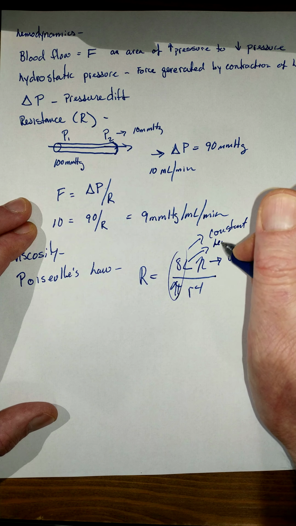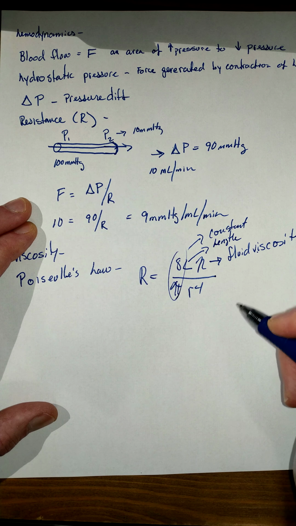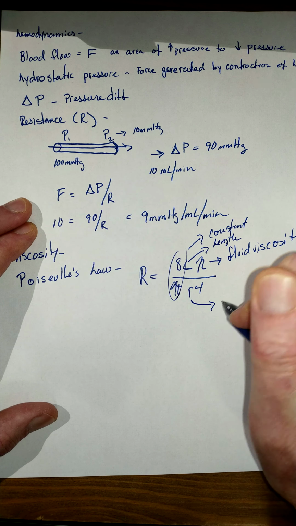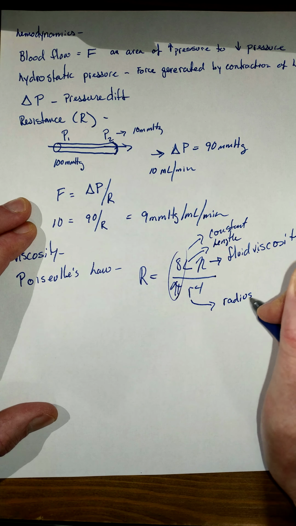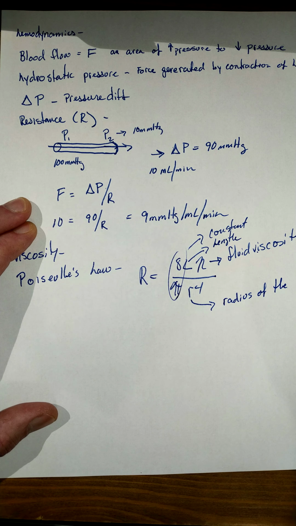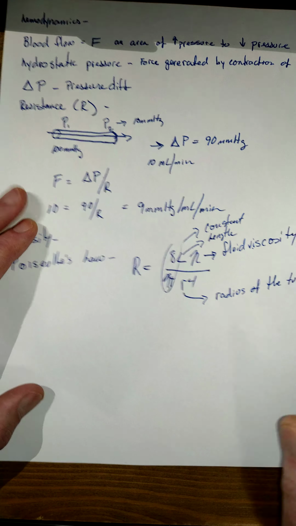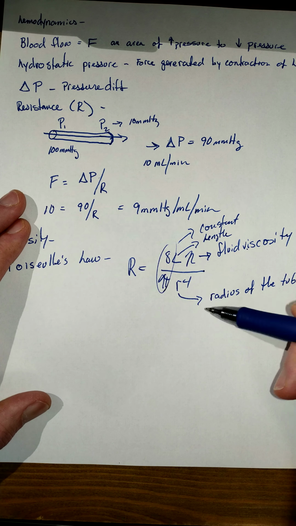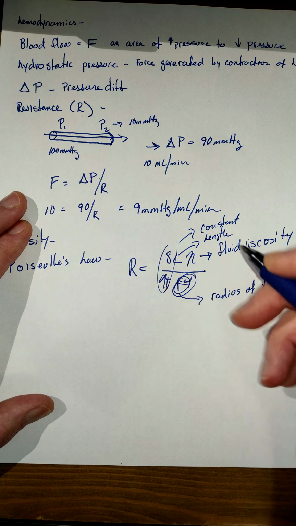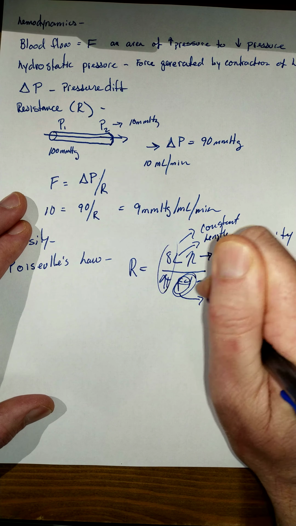This is the length. And then r is the radius of the tube, or a blood vessel. So the important thing to know about this is this function right here, our radius. It's to the 4th power.